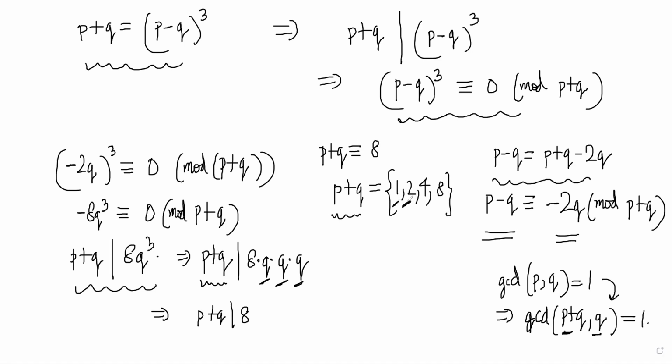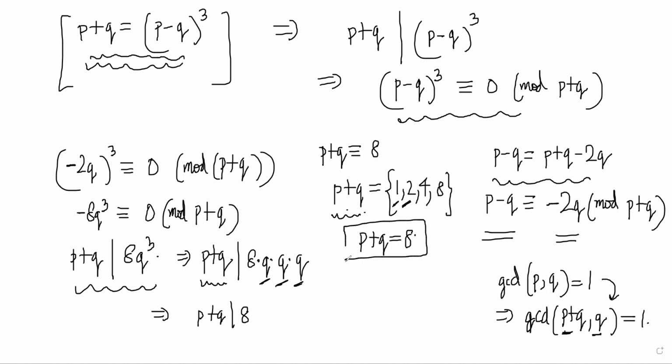You cannot have it equal to 2. You can have it equal to 4, but in that case, P and Q will both be equal to 2, and it will not satisfy the original equation. If P and Q are both equal to 2, this is not true, right? So the only option left for us is P plus Q is equal to 8, which means P and Q, the ordered pair, must be 3, 5, the two primes, right?